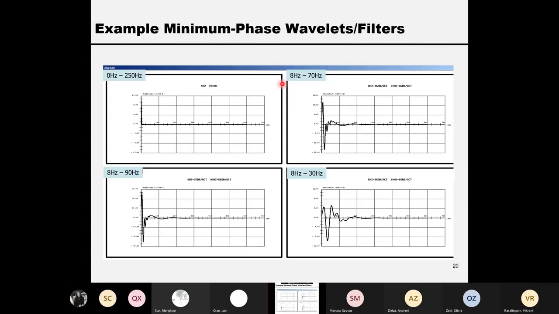Between 8 to 70, after the filtering the time domain signal looks like this, and the 8 to 30 looks like this, right? They all are minimum phased in this case because of the energy being front loaded. Those are the two examples.